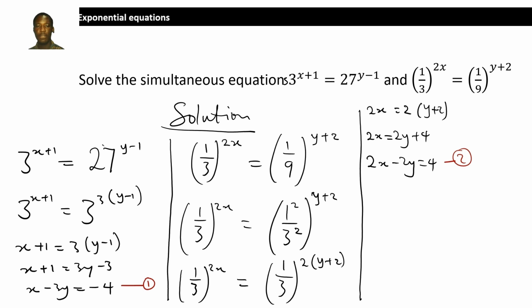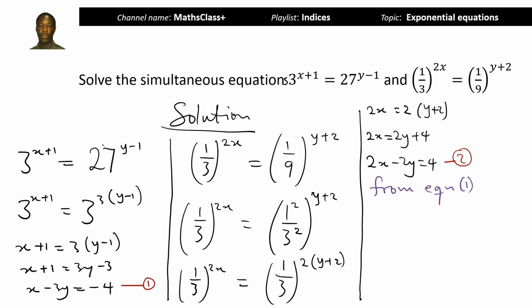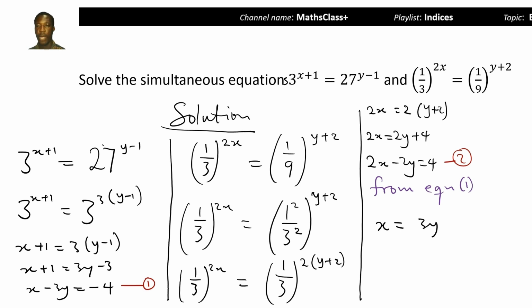Alright. So now I have to solve simultaneously the two equations. Now from equation 1, I'll have x to be equal to 3y minus 4.